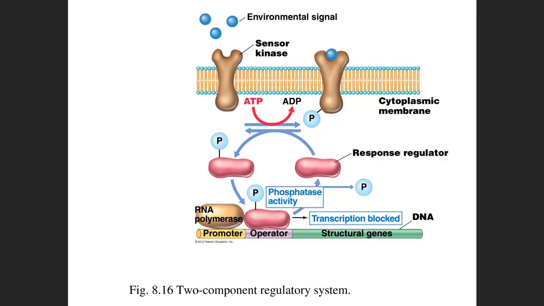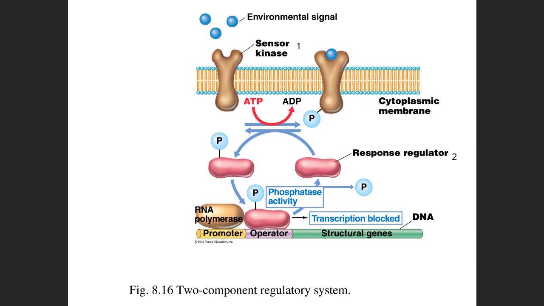That's component one and component two. And what's unique about this is that each component has two different states. So component one is a sensor kinase, and it sits across the membrane. It is capable of binding to the environmental signal.